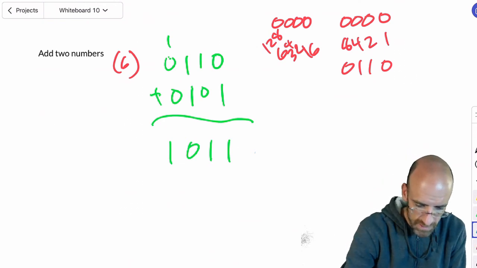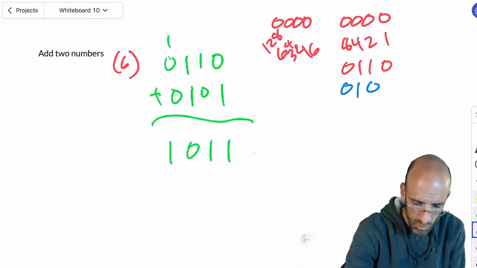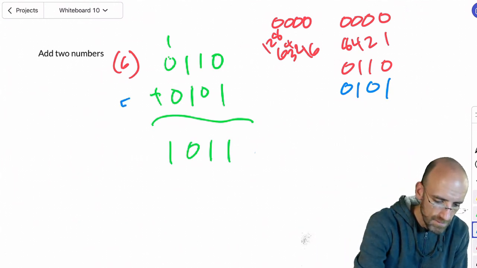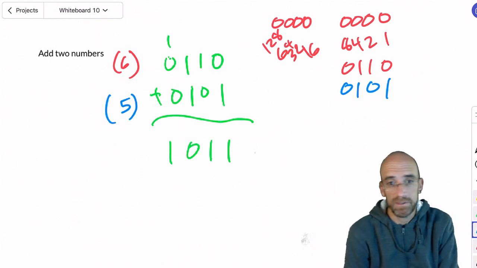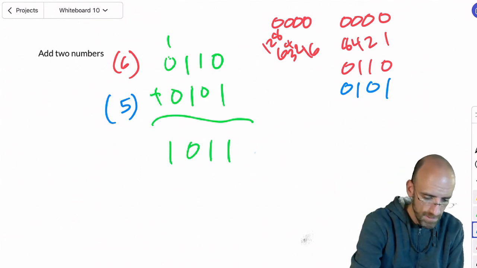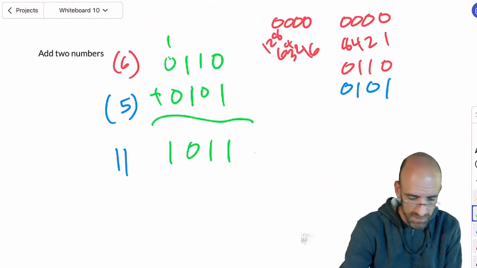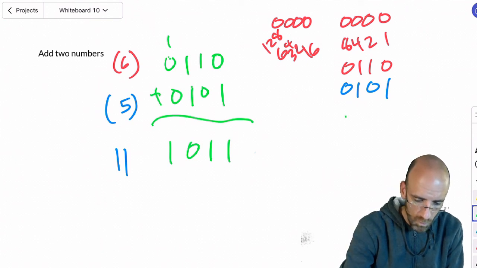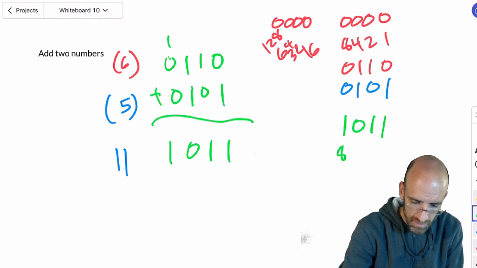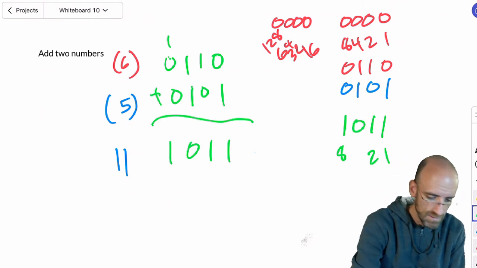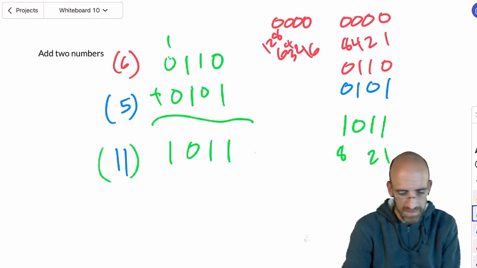We've got 0, 1, 0, 1. 4 plus 1 is 5. We know that 6 plus 5 is 11. So that last number better be 11. Let's just check. 1, 0, 1, 1. This is 8, 2, and 1. 8 plus 2 plus 1 is 11. So the math works, and it is consistent.